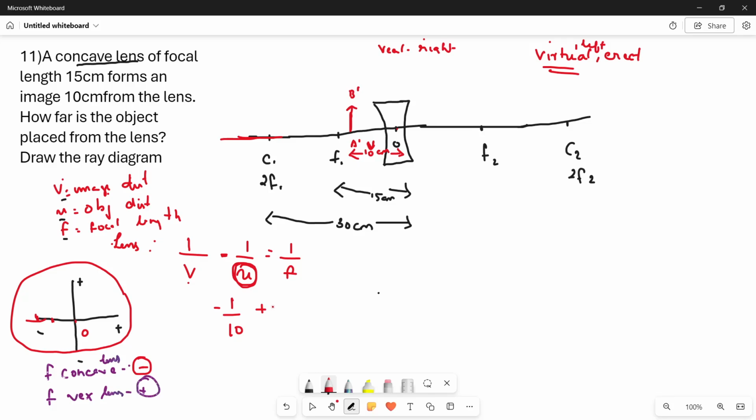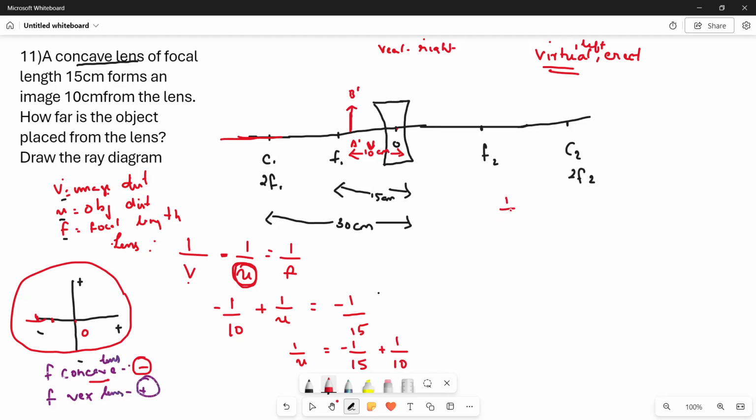So this becomes 1 plus 1 by u is equal to, since it is a concave lens, my focal length is going to attain negative magnitude, minus 1 by 15. Or you could rewrite it as 1 by u is equal to minus 1 by 15 plus 1 by 10.